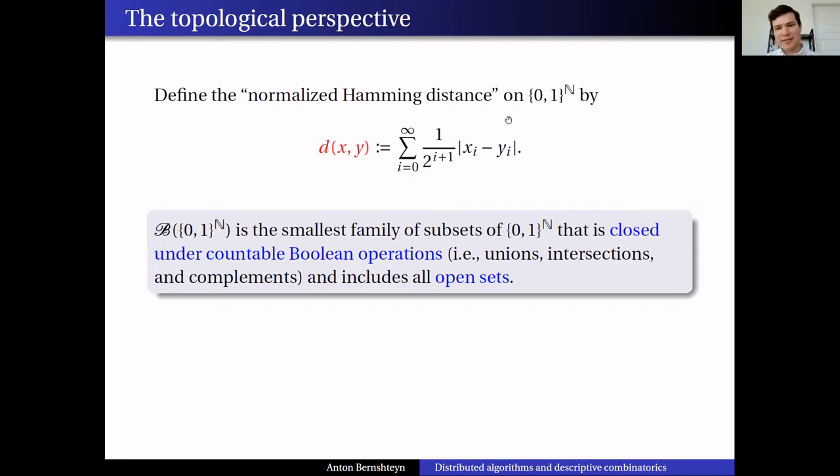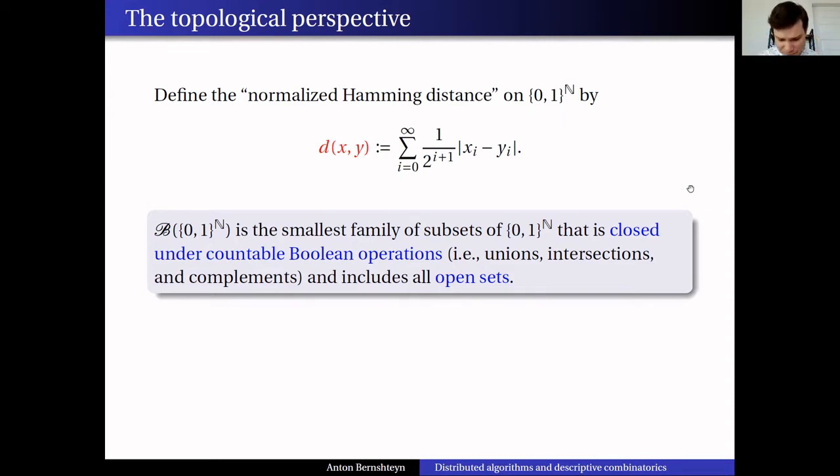The problem is that because x and y are infinite strings, there can be infinitely many places where they're different, but I want the distance to always be finite. And because of this, we normalize it by, say, multiplying the difference in the ith coordinate by 1 over 2^(i+1). So in this way, even if x and y are different in every single coordinate, this will evaluate to 1. So this is a normalized Hamming distance on {0,1}^n.